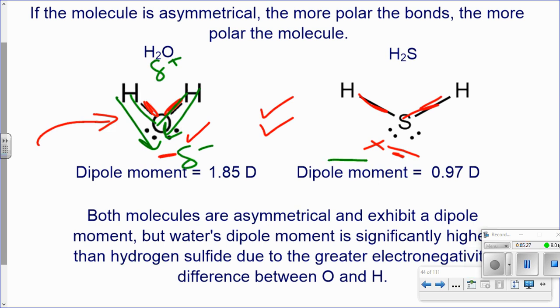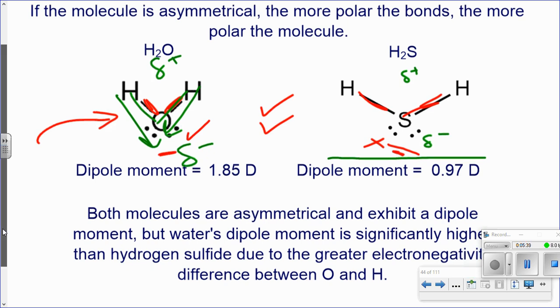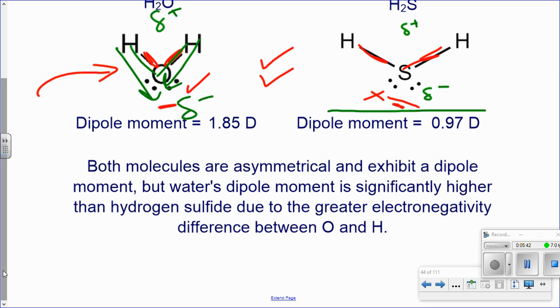Over here, hydrogen sulfide, H2S, is also a polar molecule, but I'll draw it small. It's not quite as polar. Okay, so yeah, there's varying degrees of polarity. It's not a black or white situation. It's not a yes or no situation. Okay, so both molecules are asymmetrical and exhibit dipole moment, but the water's dipole moment is significantly higher than the hydrogen sulfide due to the greater electronegativity difference between oxygen and hydrogen.